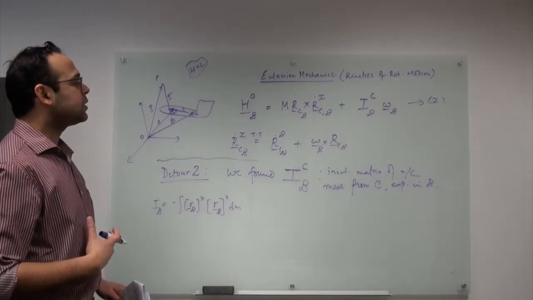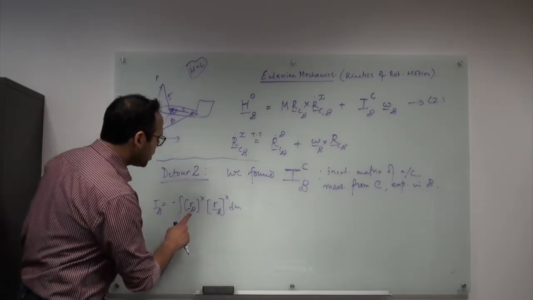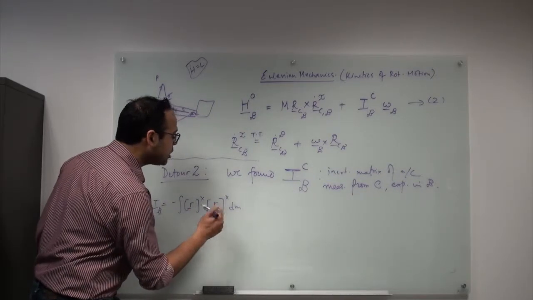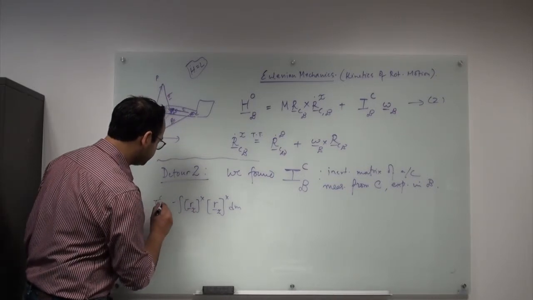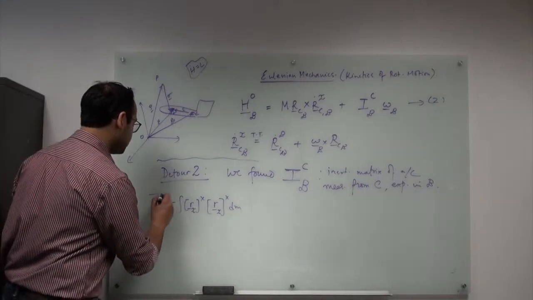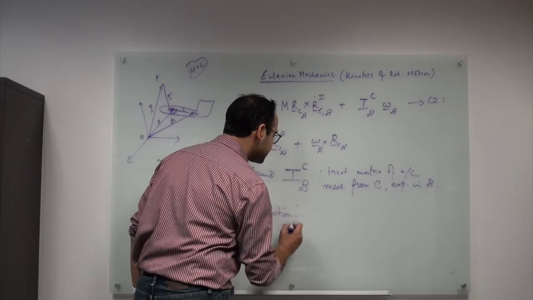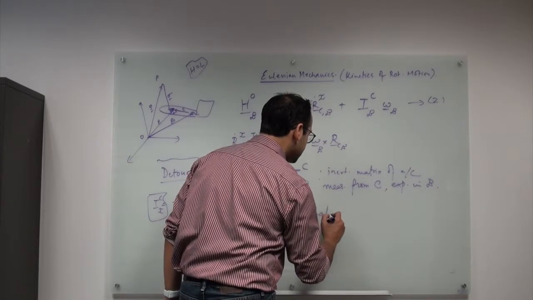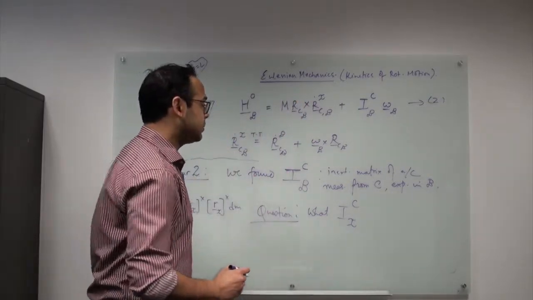Now, the question that we're going to ask in this detour is, what if I wanted to use the components of this relative vector R not expressed in the B frame but in the I frame? Suppose that's what we are interested in. So the question is, if I change the reference frame, if I go from B to I, then what is the inertia matrix measured from C but expressed in the I frame?